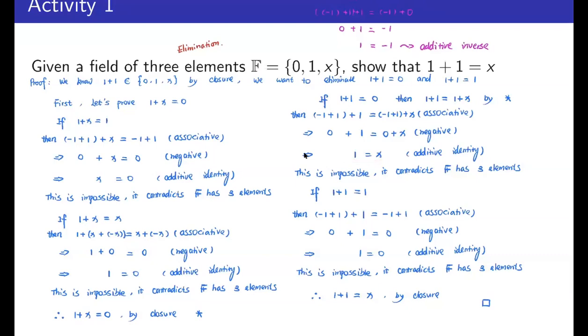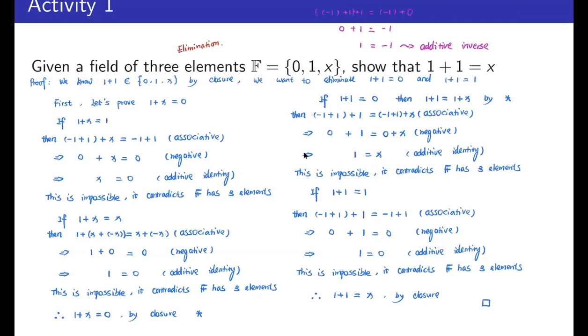So what's my something? I remember that 1 plus x equals 0. If you don't, that's okay, because you only have 3 elements. You know 1 plus 1 is not 0. You know 1 plus 0 is definitely not 0, because 1 plus 0 equals 1. So the rest, it has to be 1 plus x.